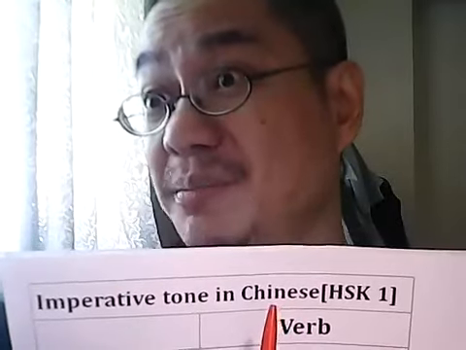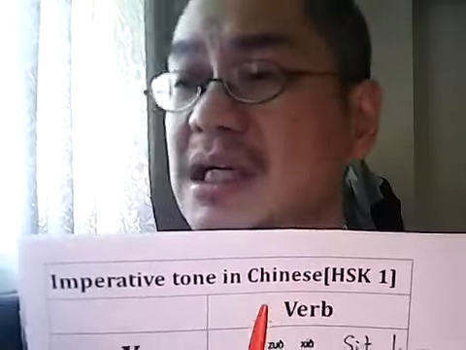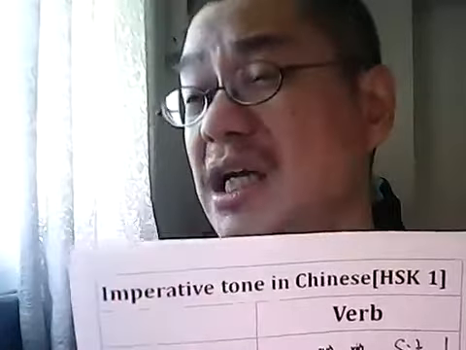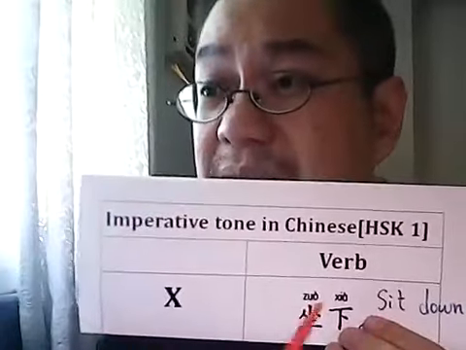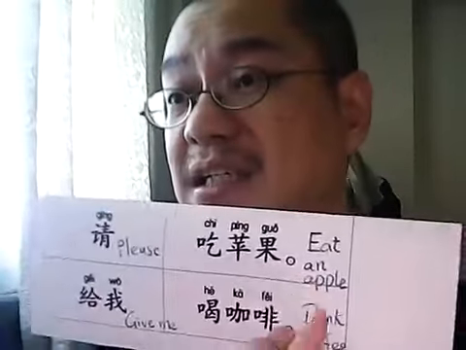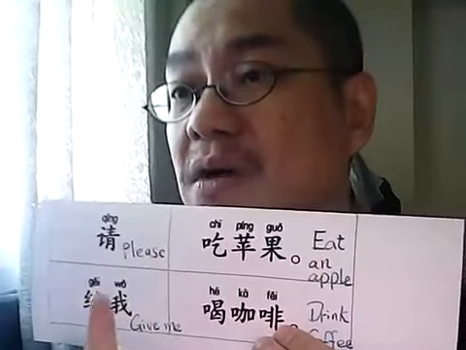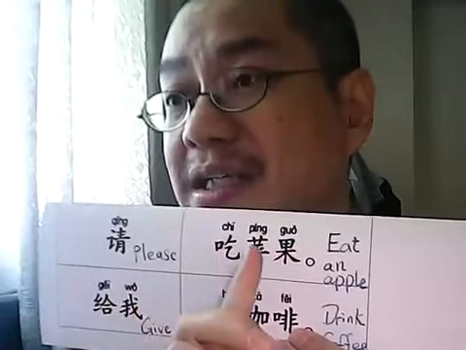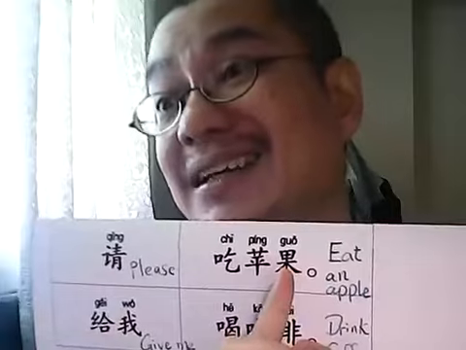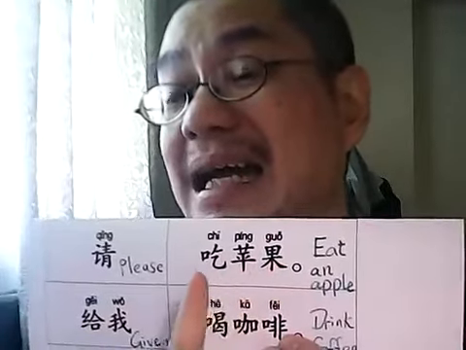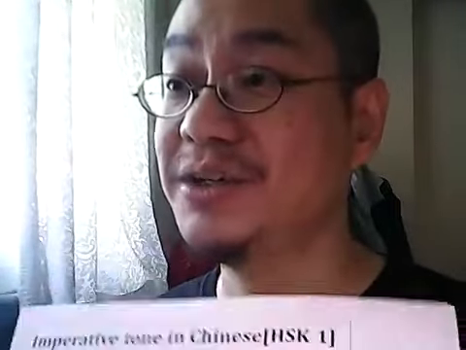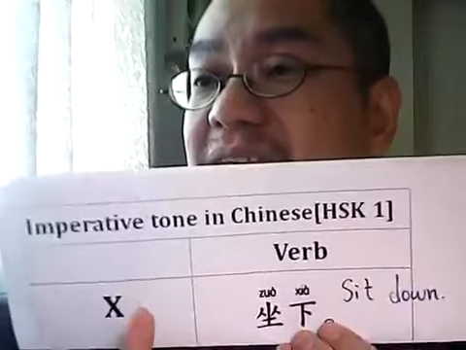You're ordering people, you're requesting people. So remember these magic words like 请 or 给我, or all the time we can use 吧 in the end of the sentence, right? 吧. So I'll read the sentence for you for the last time, okay?